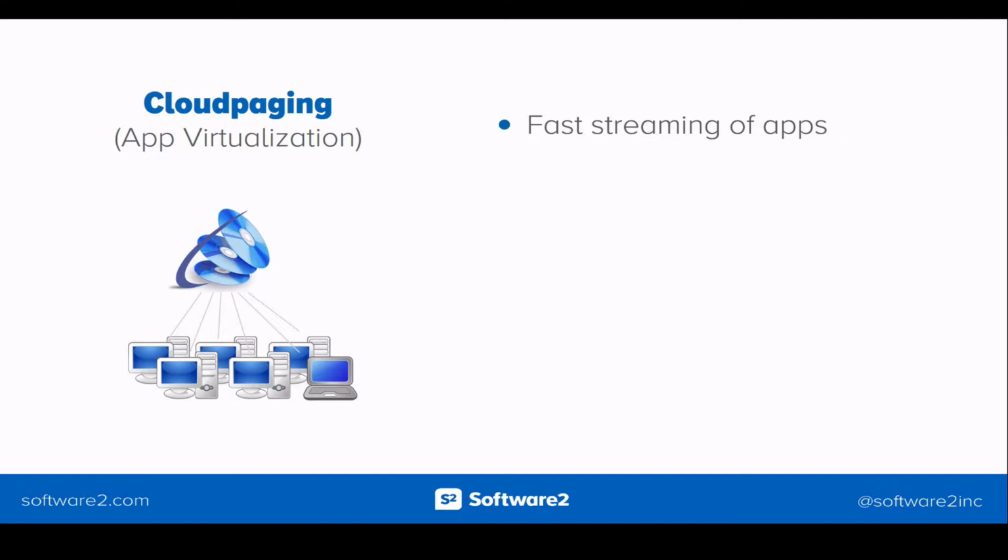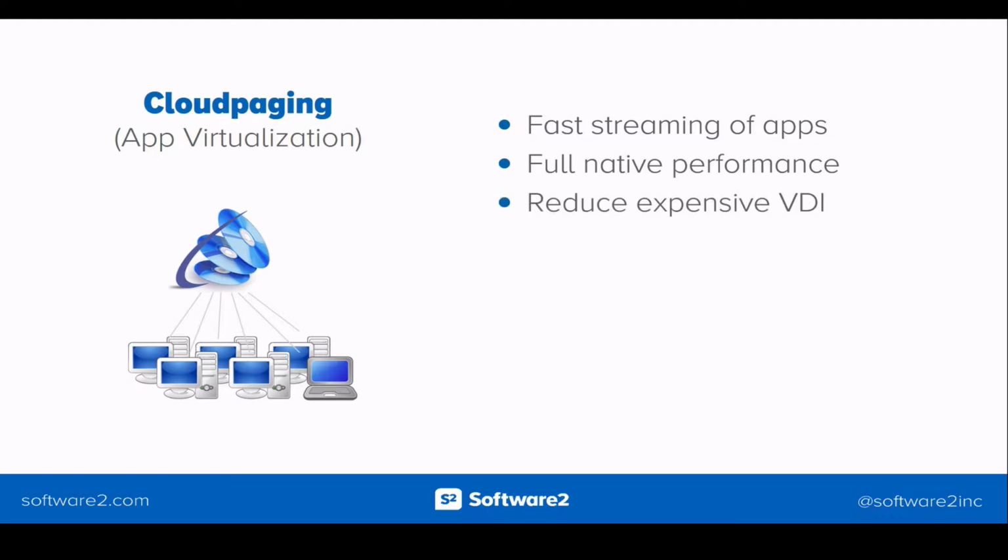And then as you use the app, the rest of the files and registry keys are downloaded on demand. So the result is comparable to an app running locally, but it runs at full speed, so you get the full native performance, but you don't need to install it, so you can use the app right away.